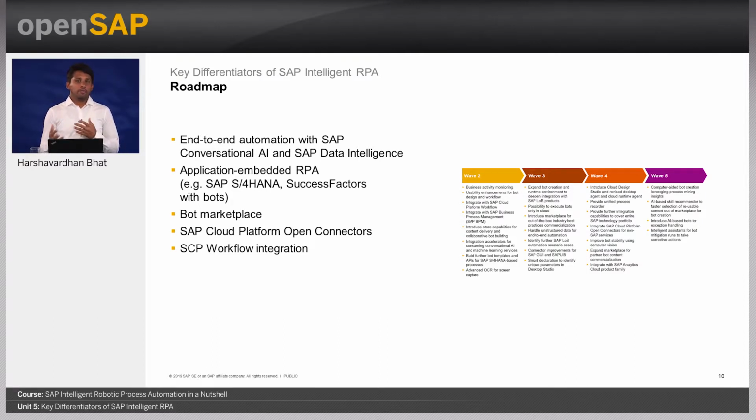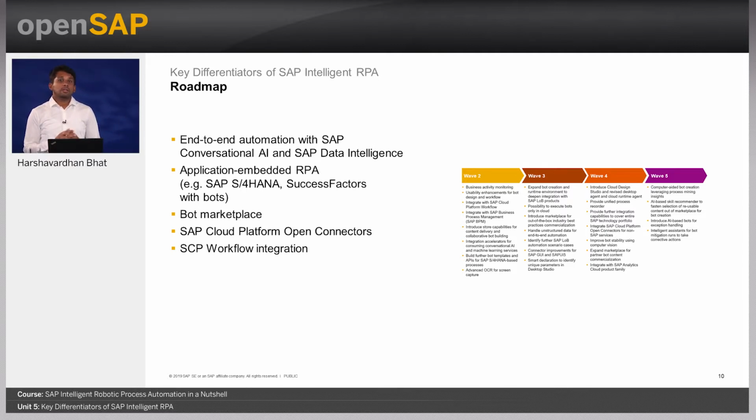The roadmap also reflects different contractual agreements and different capabilities, such as SAP Cloud Platform open connectors, so that you can bring a lot of third-party intelligence services to build your bots successfully with our platform. And last but not least, we have SAP workflow integration coming up for making API-based or system-based automation also a reality, along with user task automation of RPA.